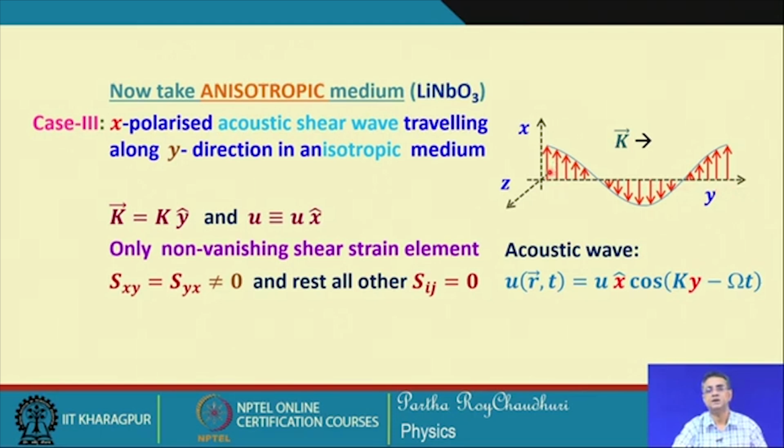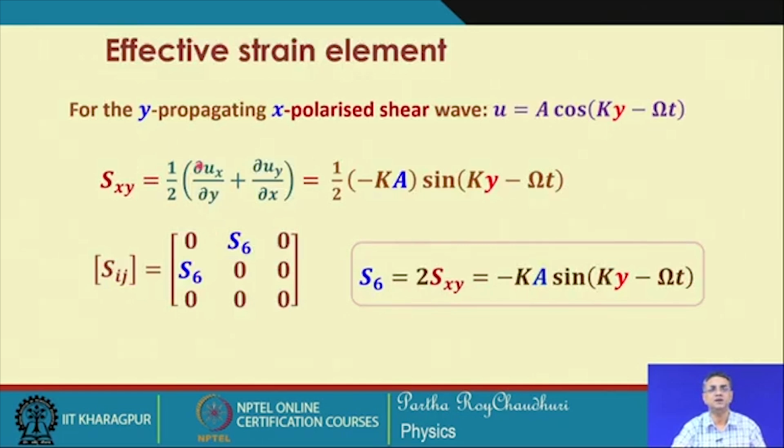So, u x with y, that change is non-zero, del u x del y is non-zero. That gives you this S xy equal to this, and in a similar way, S x, which will occupy these two off-diagonal positions, gives you S x equal to twice S xy and this quantity. This we have seen earlier also in the same way.